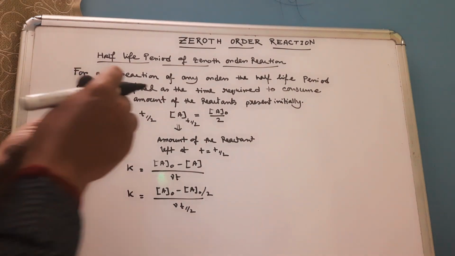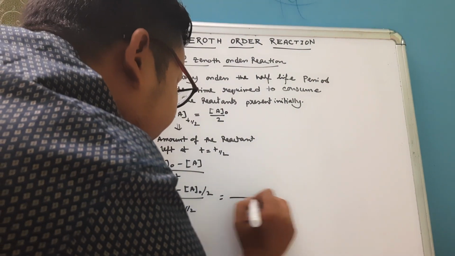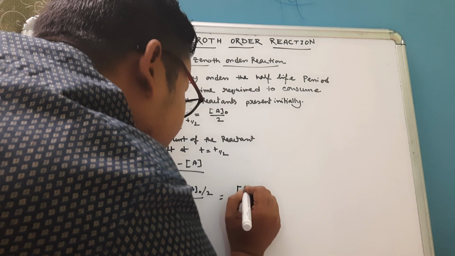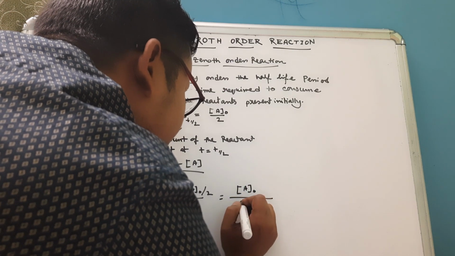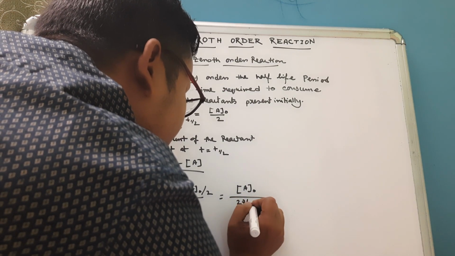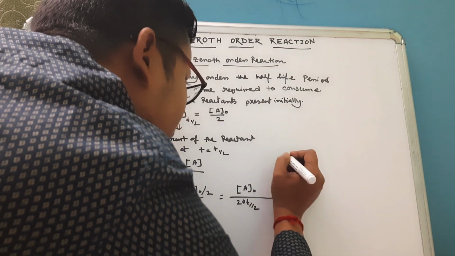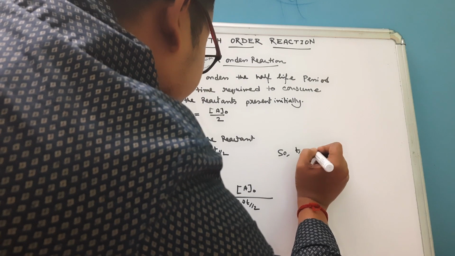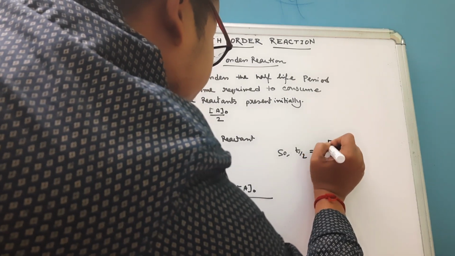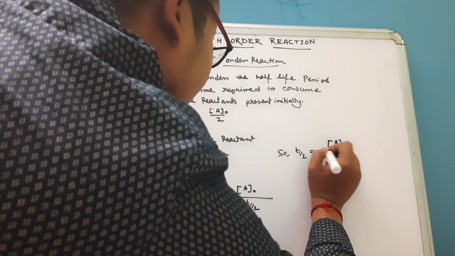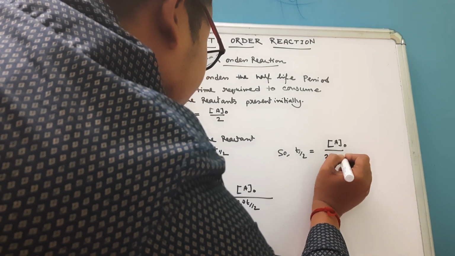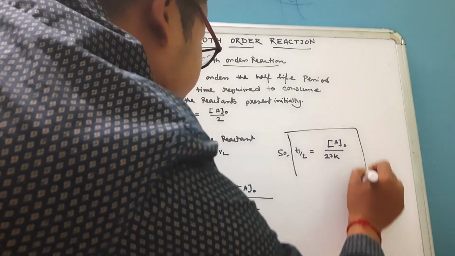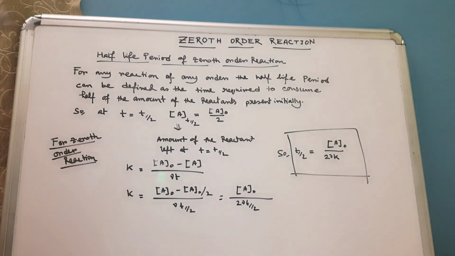Okay, so here this is nothing but a0 by 2 nu. So what will be the t half?